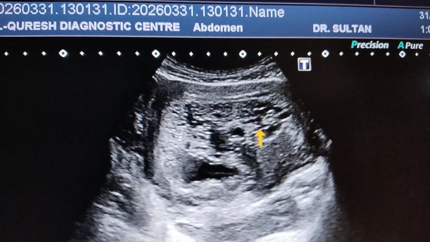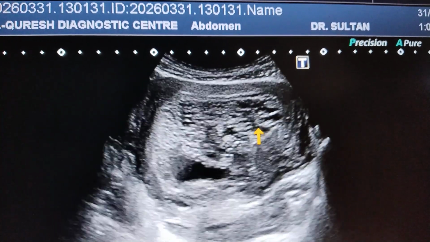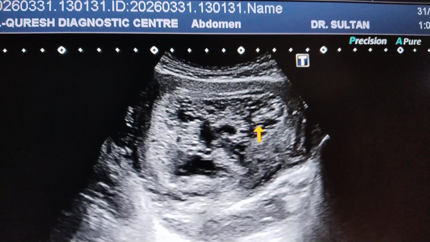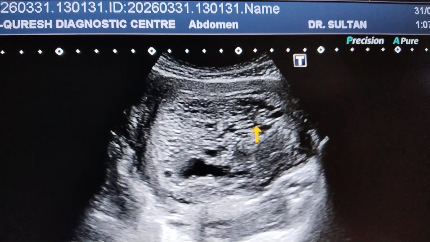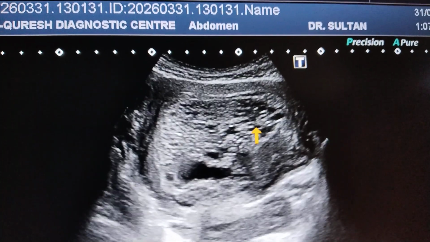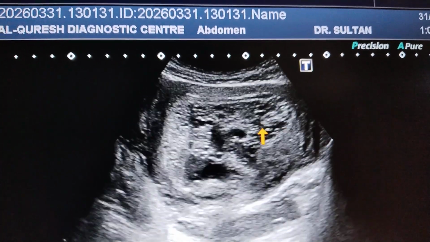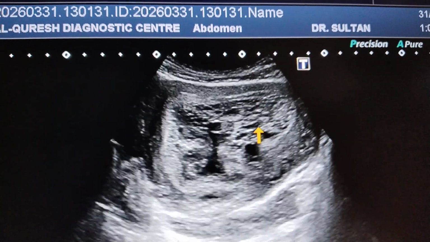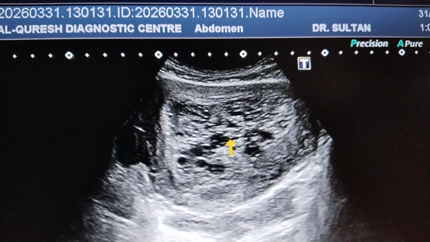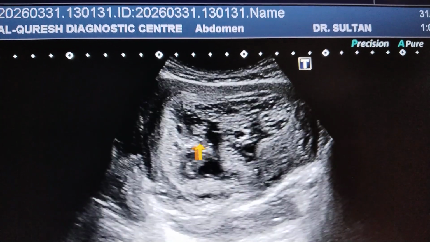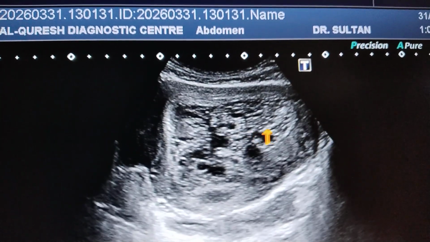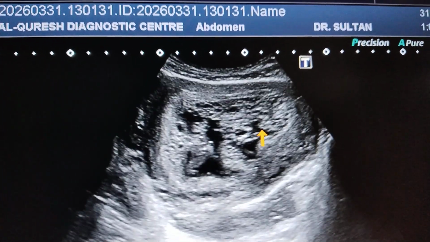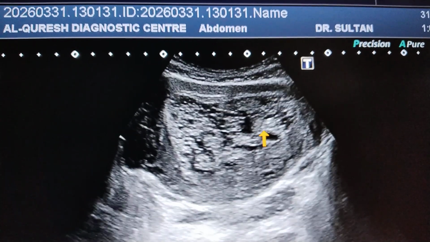So what is a molar pregnancy? I have already told you that when the mother's ovum is empty, meaning no DNA, no genome is present, and 1 or 2 sperm fertilize the empty ovum, there is no fetus, no fetal poles, and the trophoblastic tissue that is present proliferates and gradually increases in size.